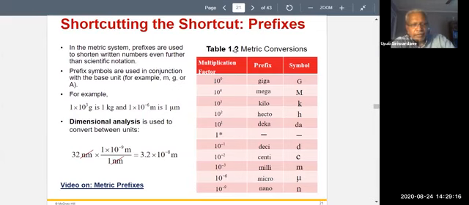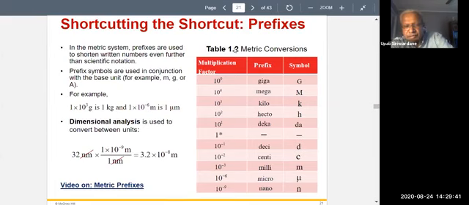For example, 10 to the 3 grams. 10 to the 3 is kilo. You can look at the 10 to the 3 here on the table. It's kilo. 10 to the 6 is mega. 10 to the 9 is giga. So big G, giga.